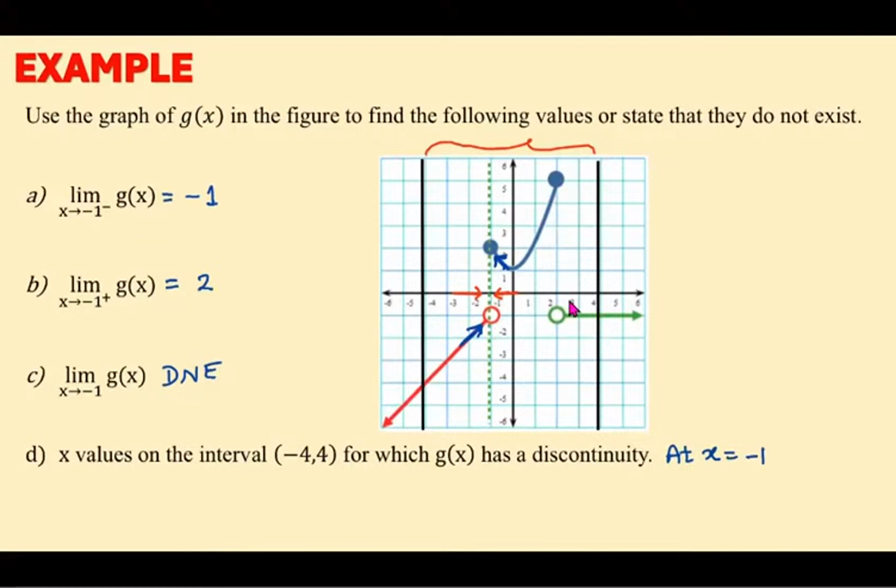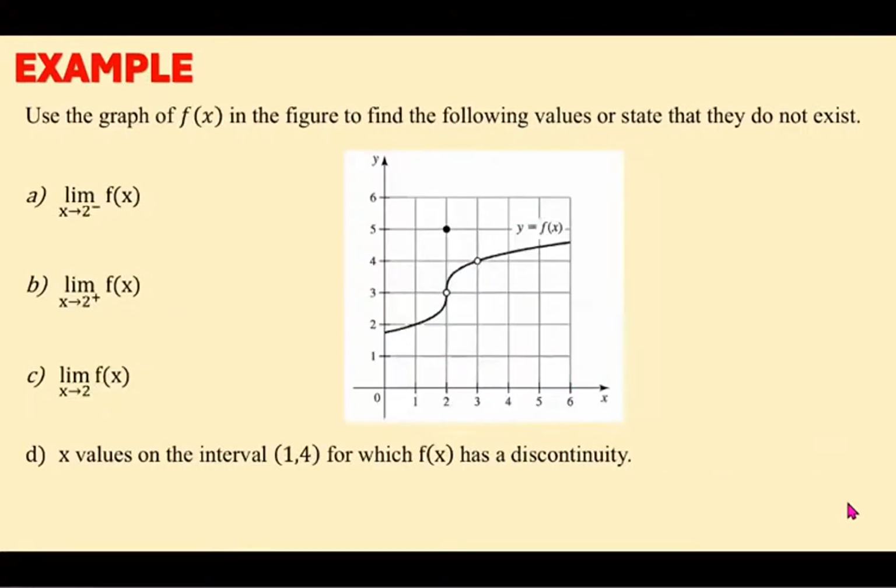So the function is discontinuous at x equal to -1 and x equal to 2. So this is how we can use the graph to find the limit if it exists, and also we can look at the graph and check if the function is discontinuous on the interval.